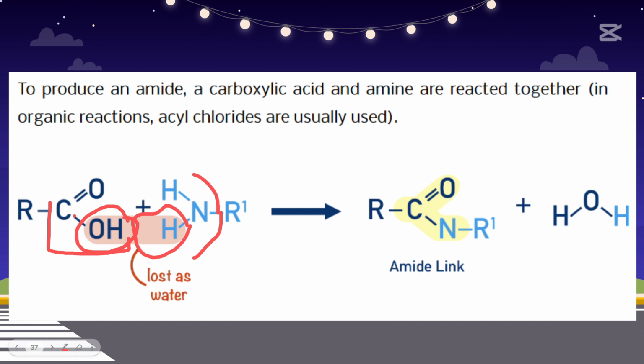Now when we take off the OH and the hydrogen, note that this bond right here and this bond right here connect. So we eliminate the OH and we make a bond directly between the C and the N. Hence, this is how the amide link would look, a bond between the carbon and the nitrogen. The carbon would have had the double bond O, so we write that back here as well, and the nitrogen would have had the R group.